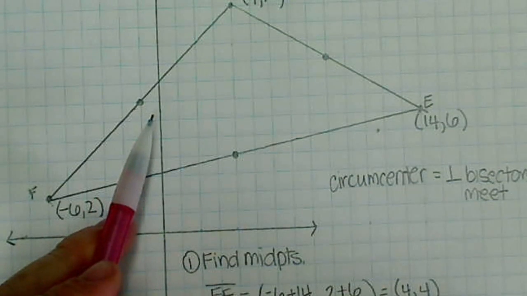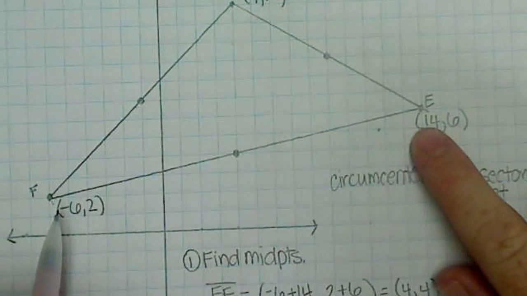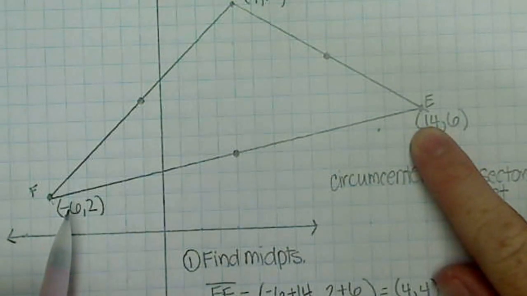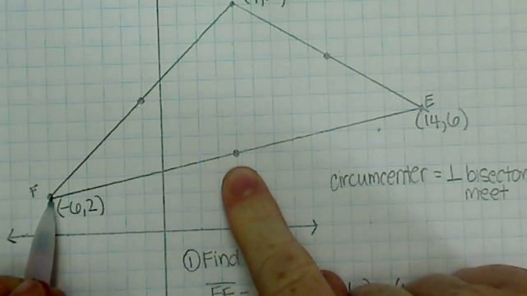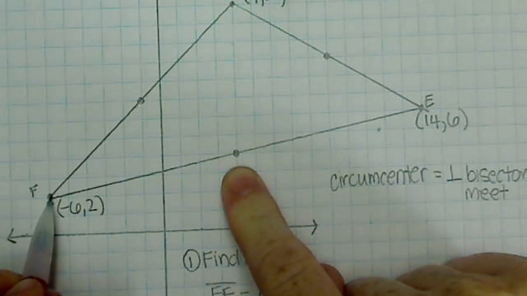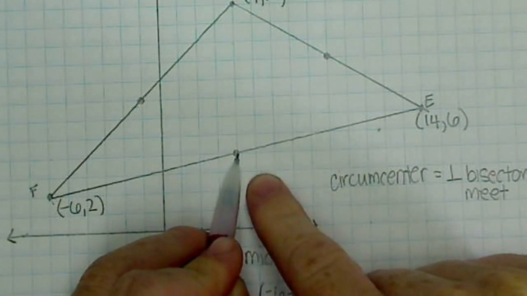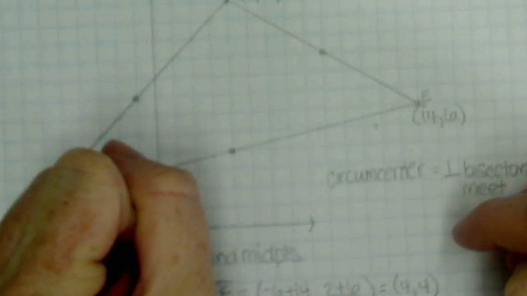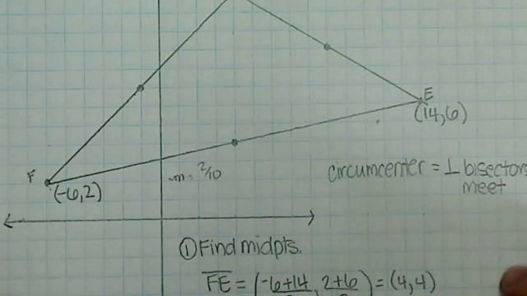So we're going to use our slope. So let's start with our first line that we did, FE. The slope of FE, or rise over run, if we go from this point to our midpoint, our slope is up 2 over 10. If the slope is 2 over 10, what would be the perpendicular slope?